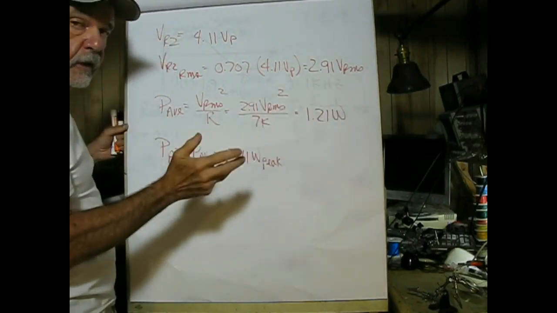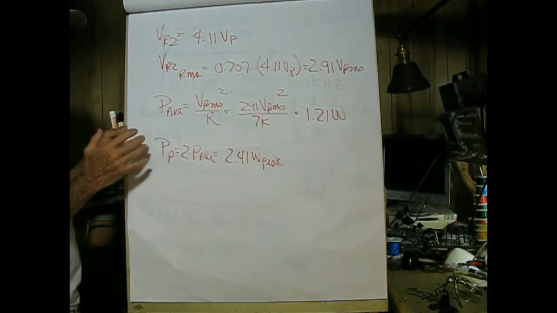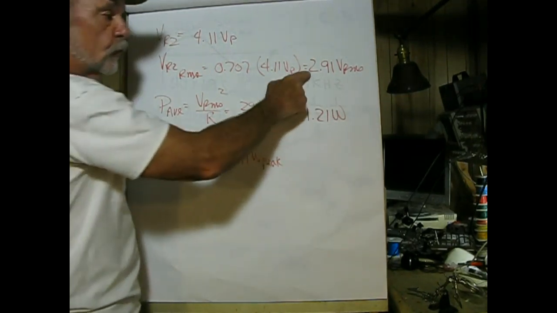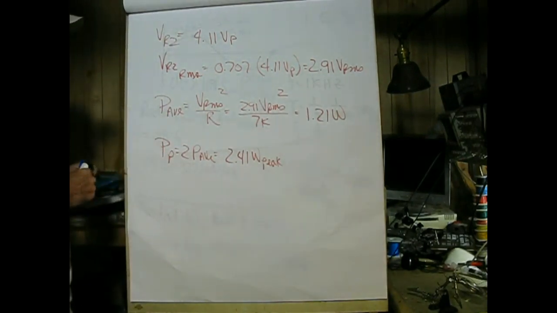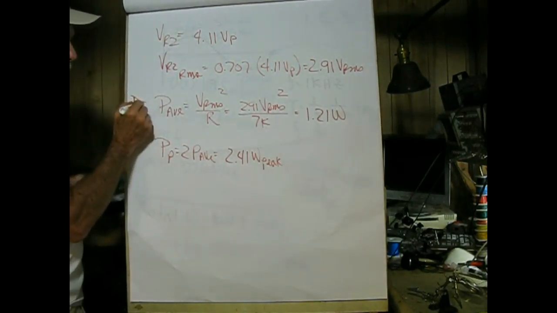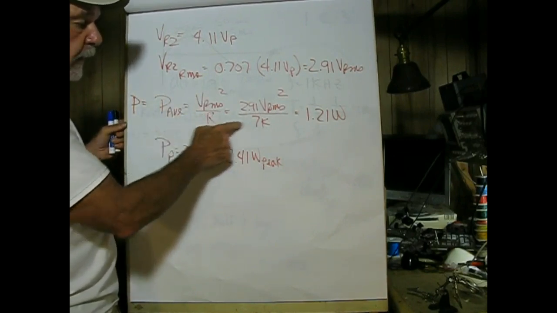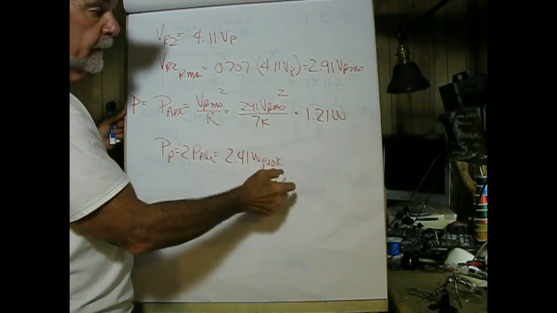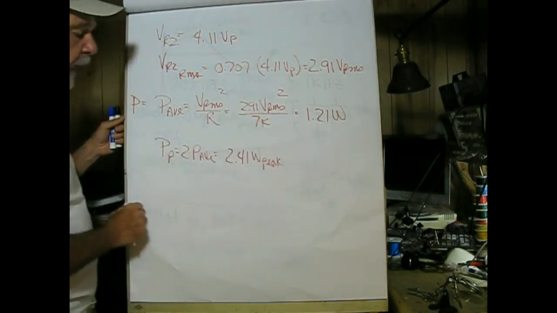Now this sets us up for the next calculation, which determines directly the average power, because I'm using RMS voltage. So P equals P average equals the RMS voltage squared divided by the resistance 7K, and that comes out to be, as we would expect, 1.21 milliwatts.